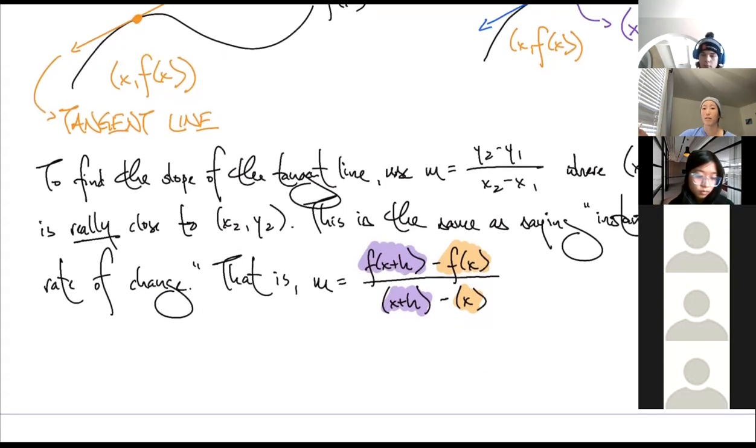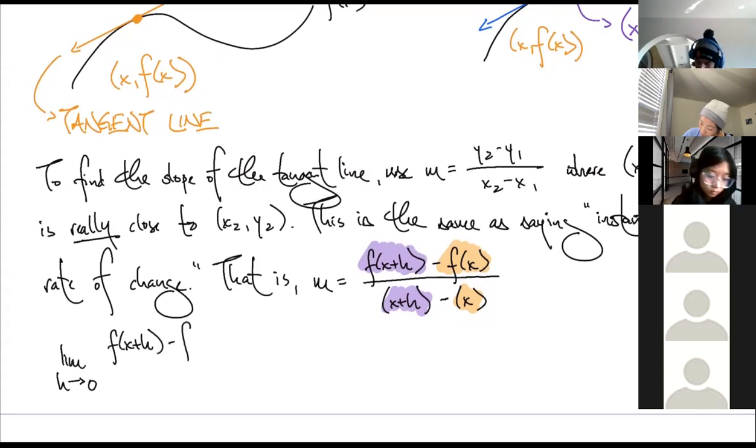This is where the idea of limits helps us. We can say the limit as h approaches 0, so not x, but h, because h is the distance between the 2 points. So we take the limit as h approaches 0 of our slope equation.